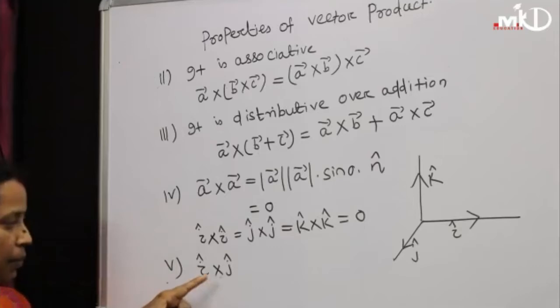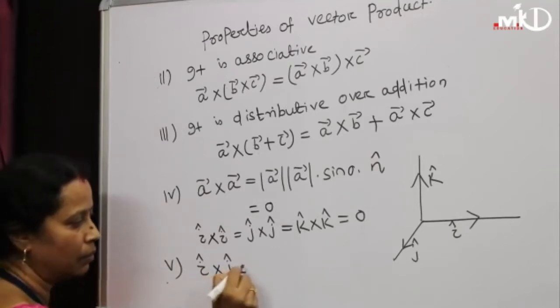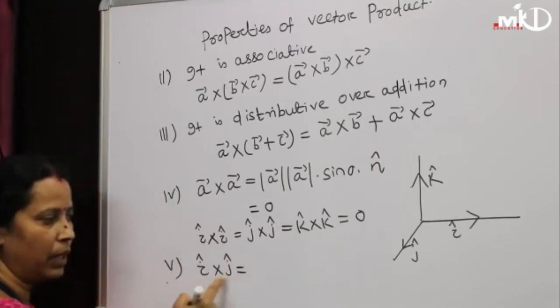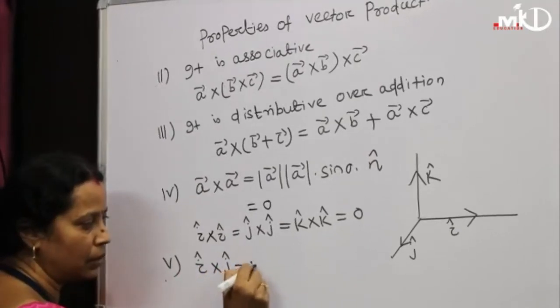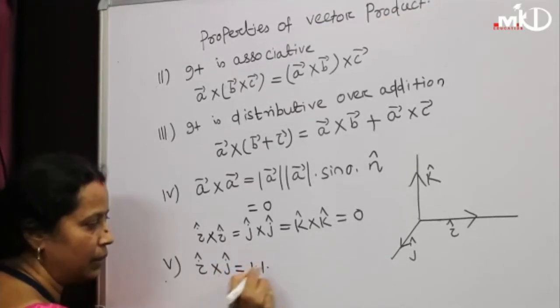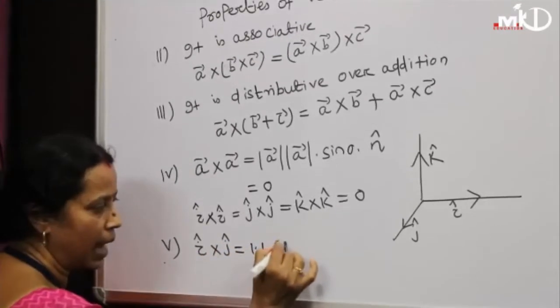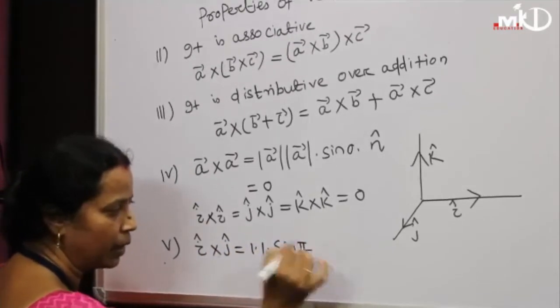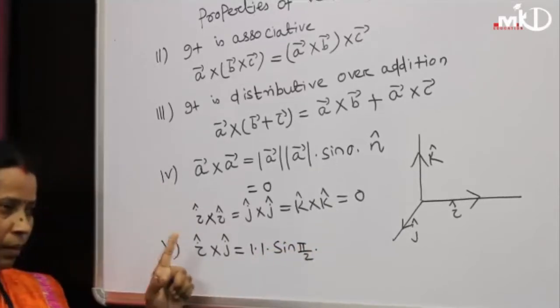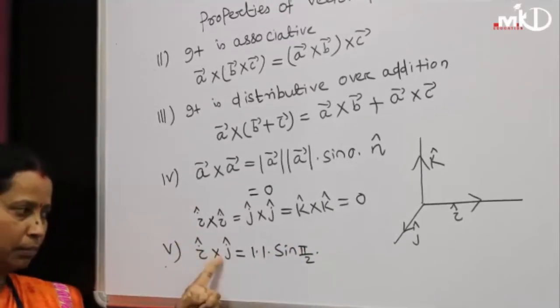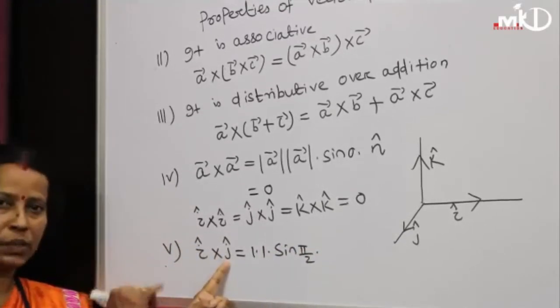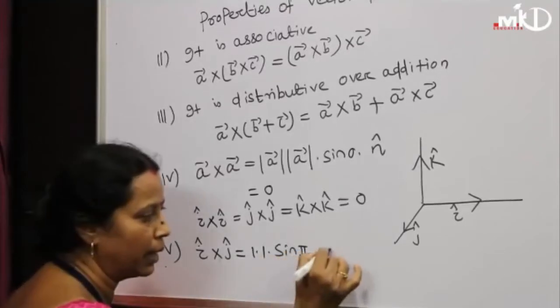So i cap cross j cap is equal to, since they are unit vectors, the magnitude 1, times the sine of the angle, that is 90 degrees, into the vector perpendicular to these two vectors, that is k cap.